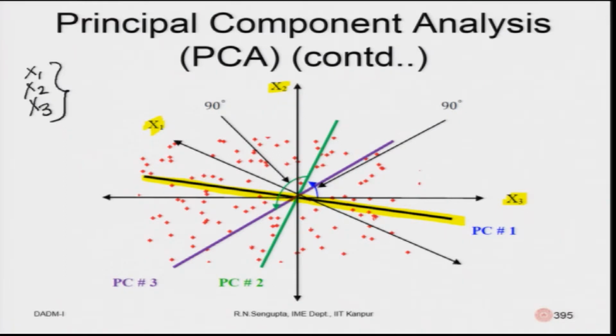Once that is done, we keep it fixed, and then whatever the remaining part of the variability is, we turn it in the direction of the second eigenvector, which is here. So, these directions have already been presupposed by the eigenvalues and eigenvectors concept.